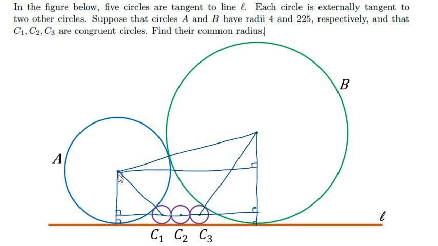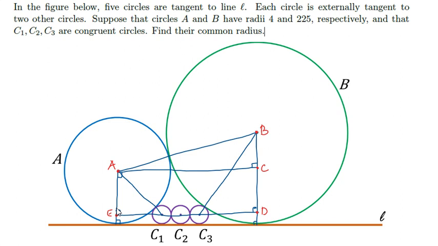Okay, now let us label some points. So let's say this is A, B, C, D, and E. We also know that the radii are 4 and 225.